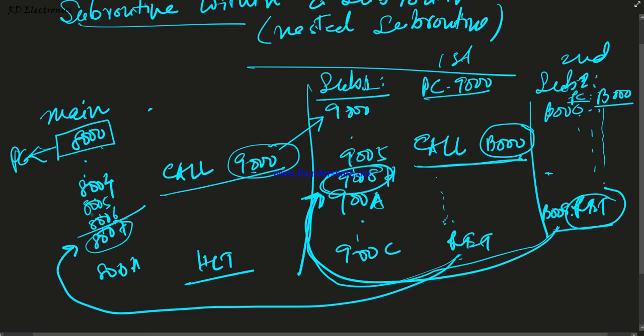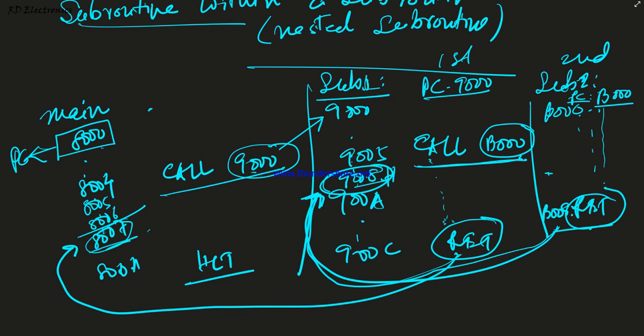When the return instruction is executed, 9008 is retrieved from the stack, which was stored there when we executed the call instruction. And when the next return instruction is executed, the 8007 hexadecimal data comes out of the stack and is placed in the program counter to continue the flow of the program.